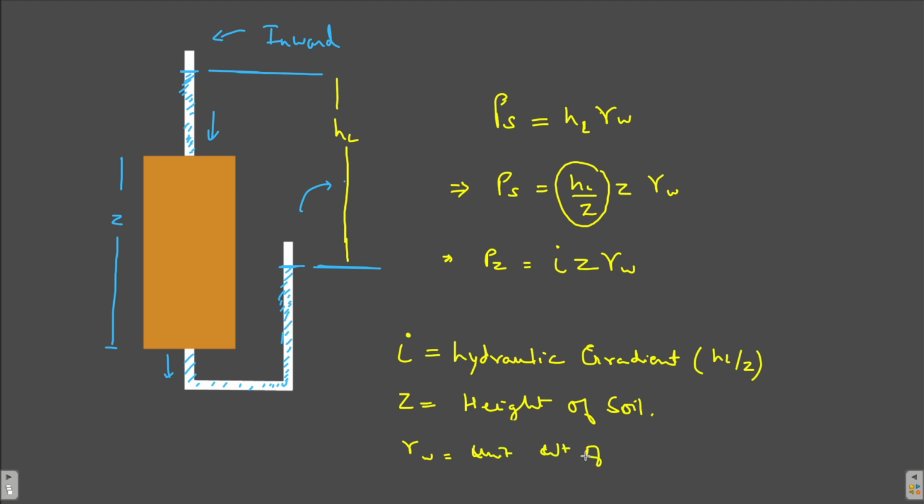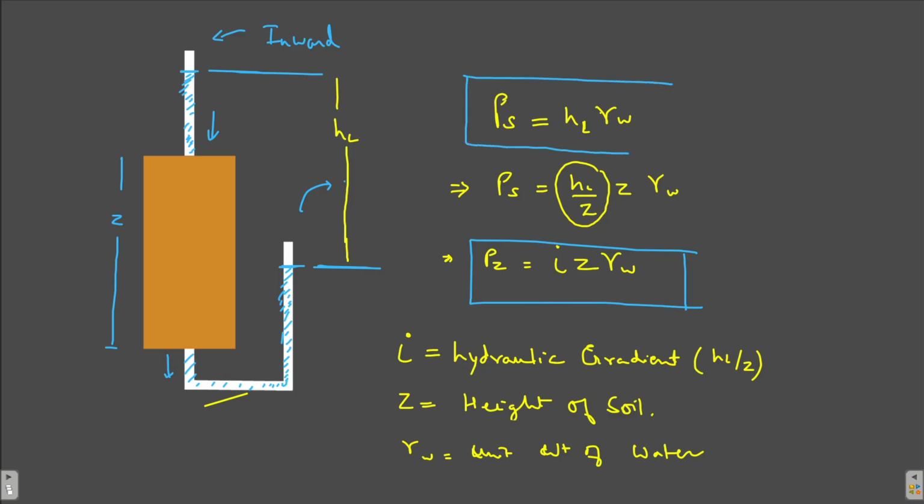So as simple as that. These two equations are equally important. First is seepage pressure equals I Z gamma W, or you can learn seepage pressure equals head loss into gamma W, so that you can use it while solving the problem as needed.